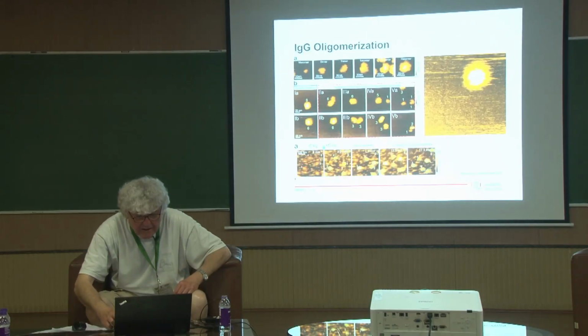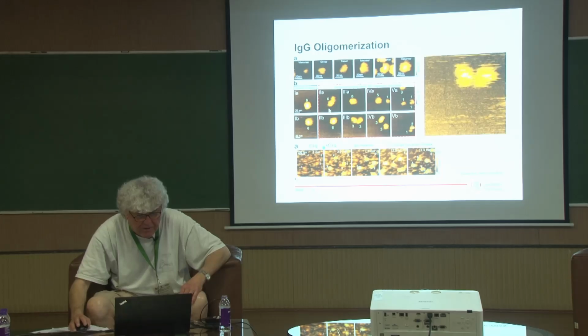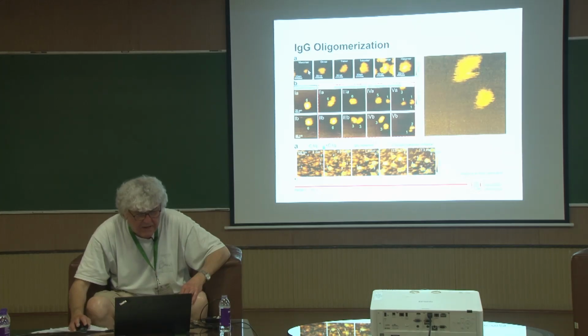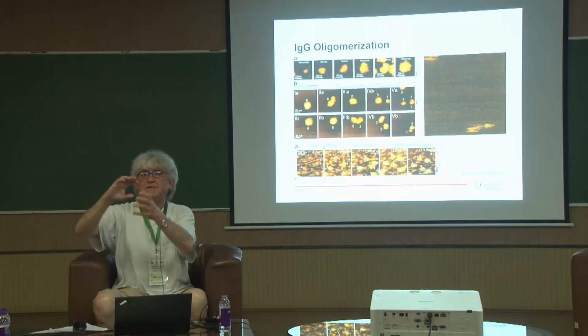Yeah, and this research went on further, together with the antibody company in the Netherlands, where we can also image the aggregate size of the antibodies: monomer, dimer, trimer, tetramer, pentamer, and hexamer. We can see that here. Actually, the driving force of the antibody association is in the Fc region.